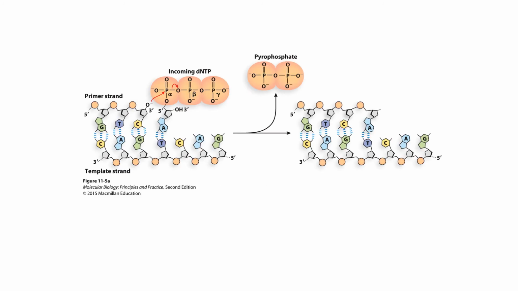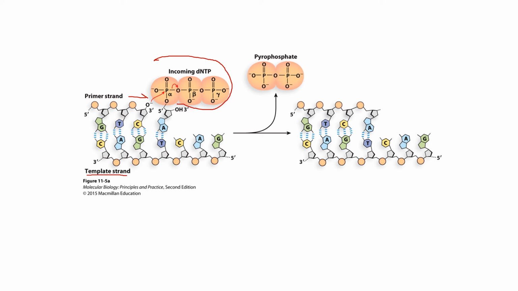So just a quick basic mechanism underlying all replication is the addition of nucleotide monomer precursors that need to be added to the growing strand in a 5' to 3' fashion. Down here we have the template strand, as you can see.